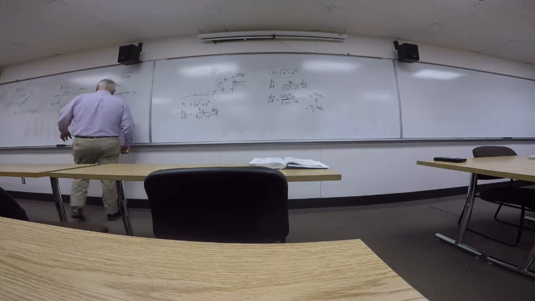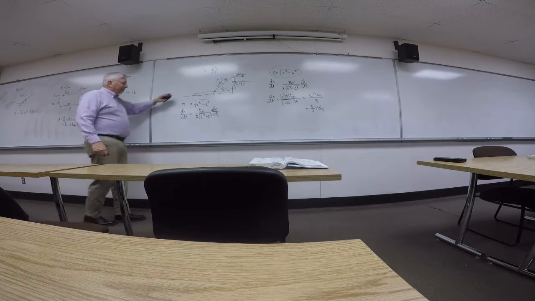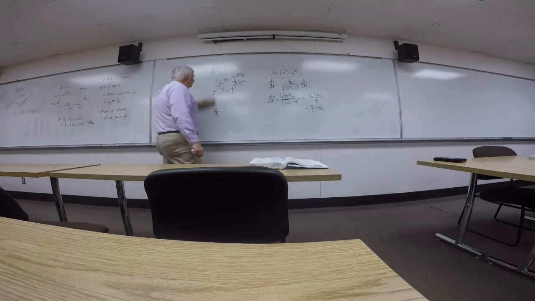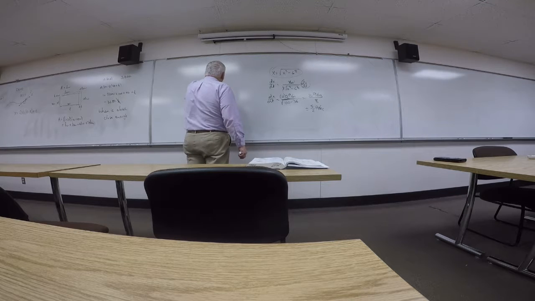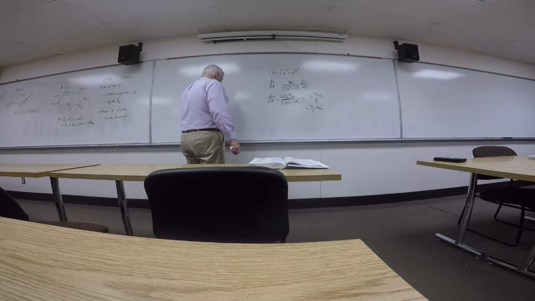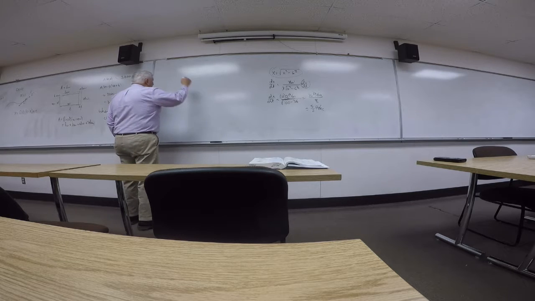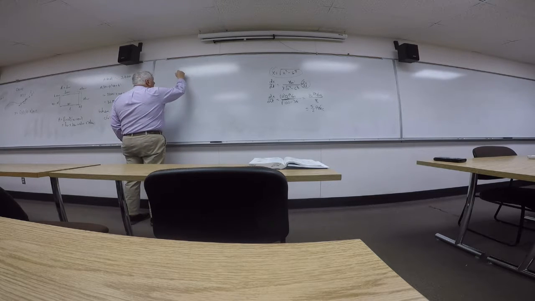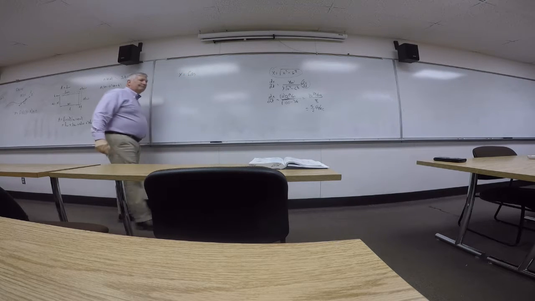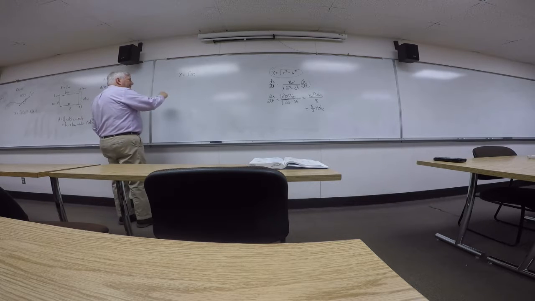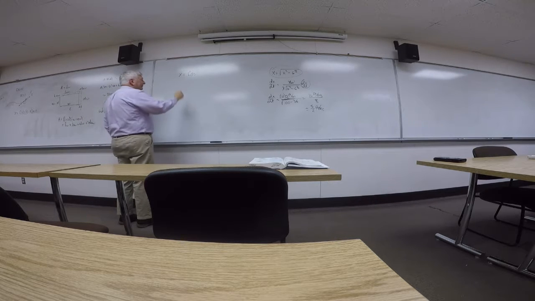So, let me introduce a new concept. And it's another application of the chain rule. So I have y equal to some function of x. Then let's take the derivative with respect to t.